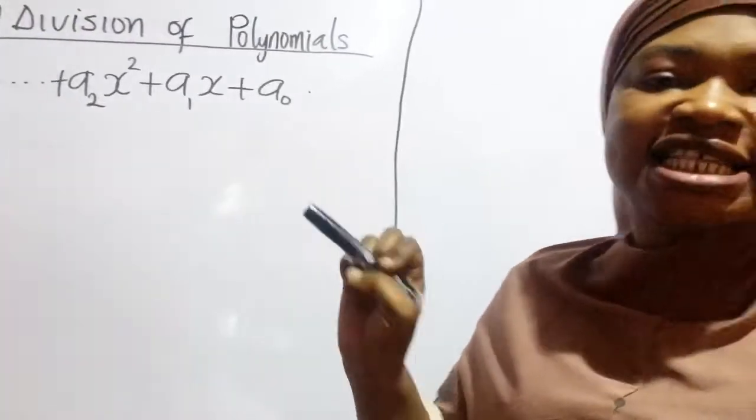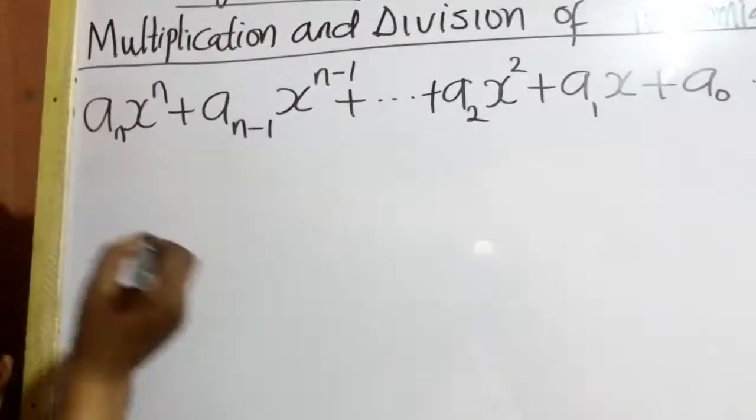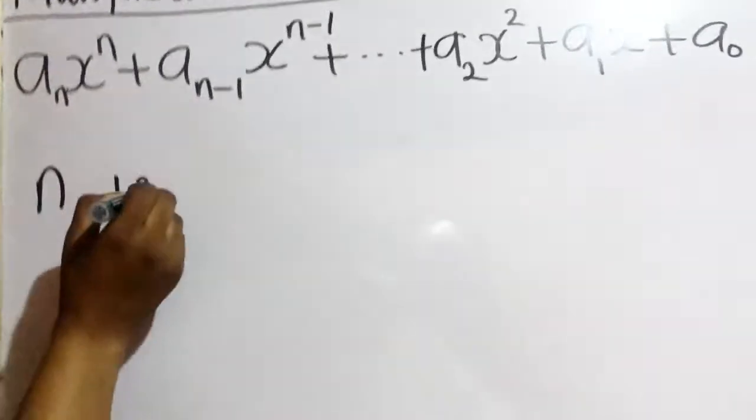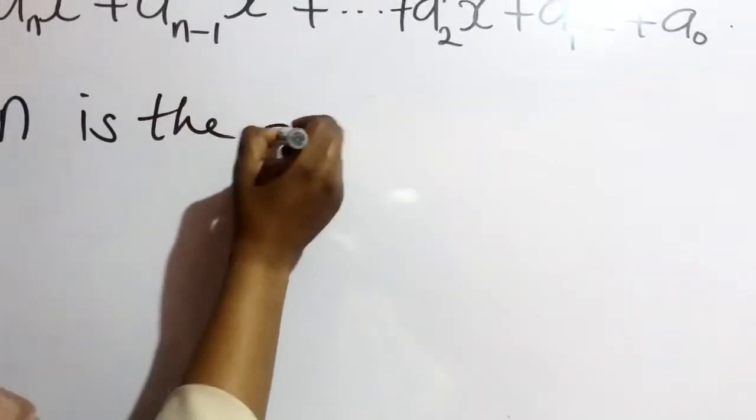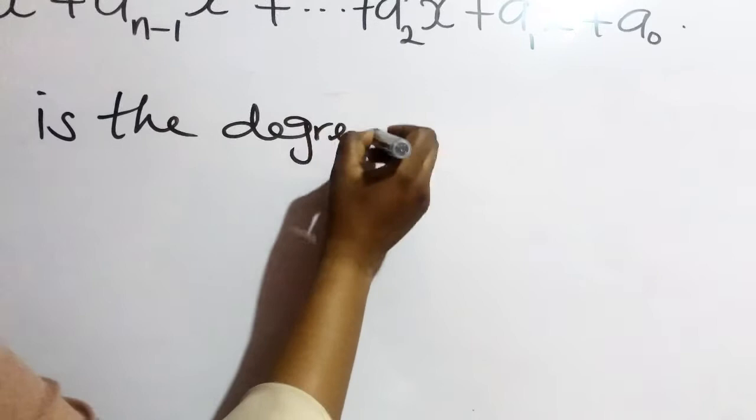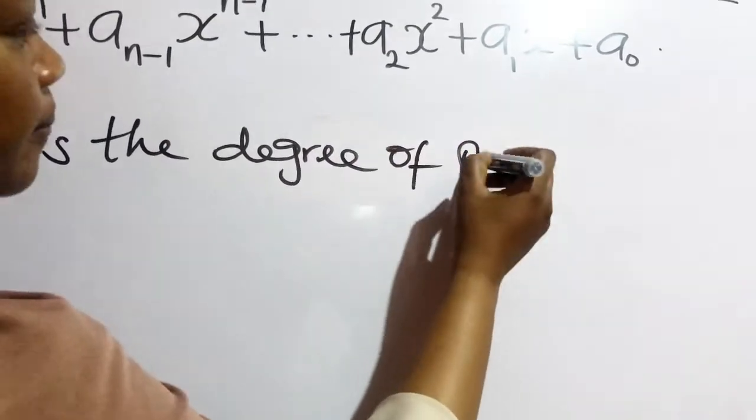The highest power of the polynomial here is n, and that n is called the degree of the polynomial.